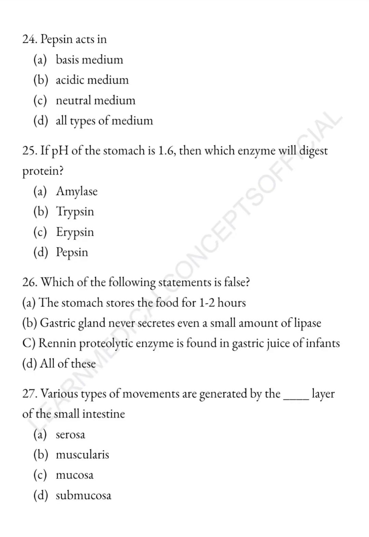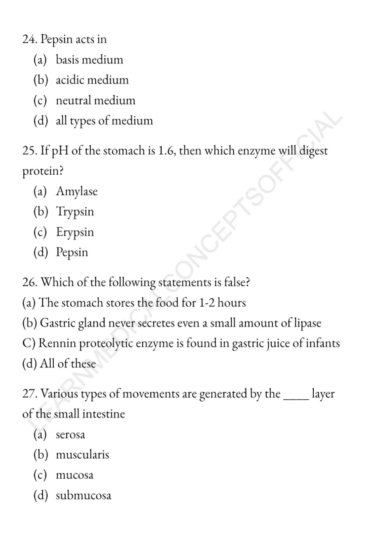Pepsin acts in option A, basic medium, option B, acidic medium, option C, neutral medium, option D, all types of medium. And your time starts now. And the correct option is option B, acidic medium, that is around 1.8 pH.